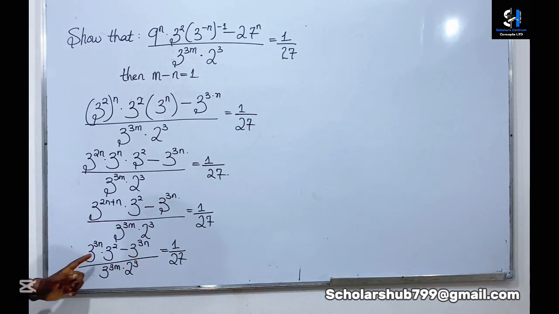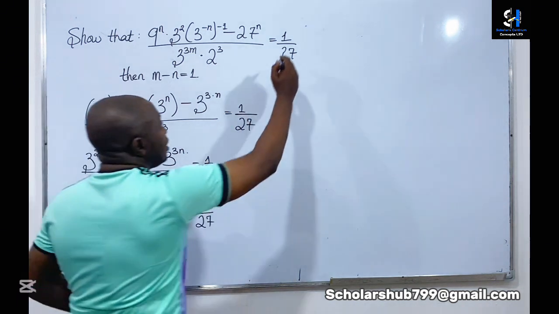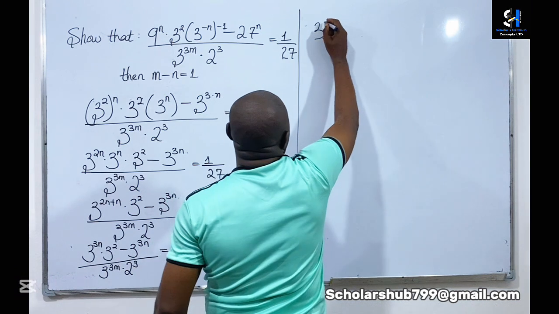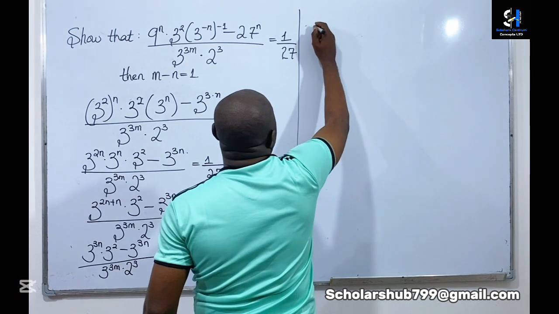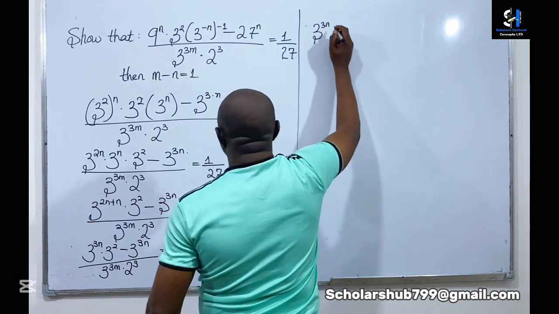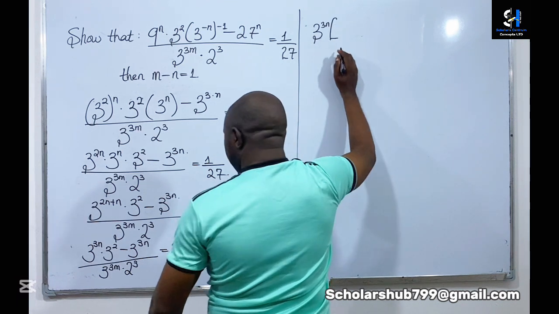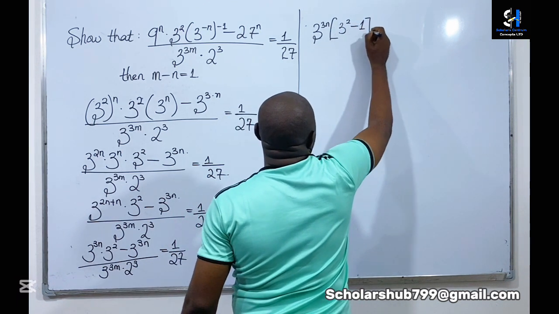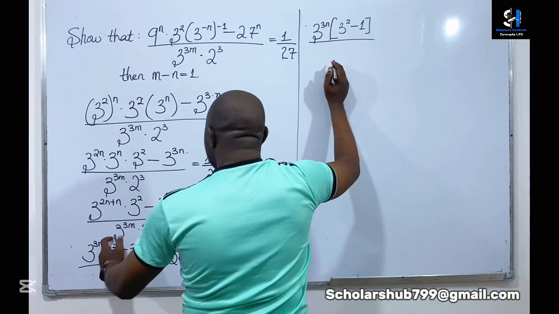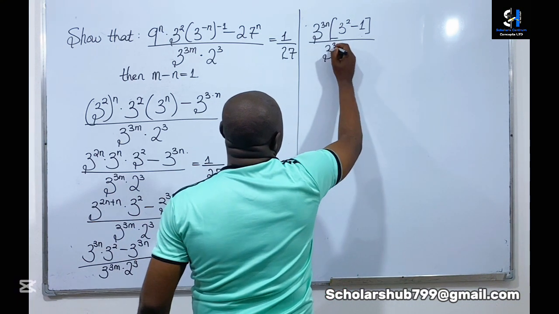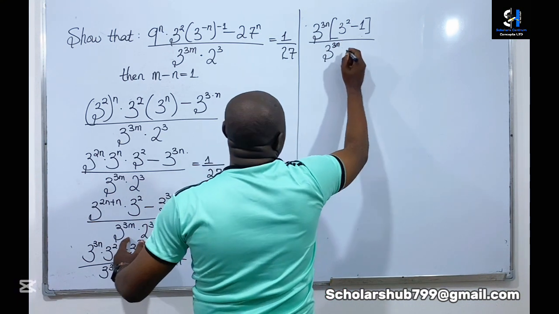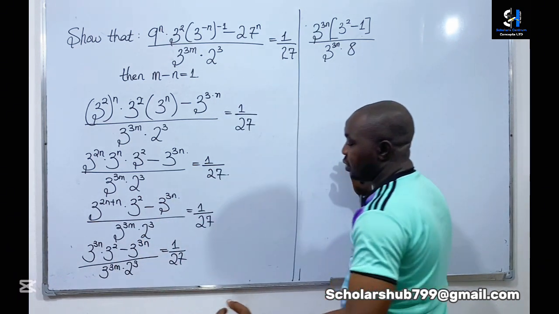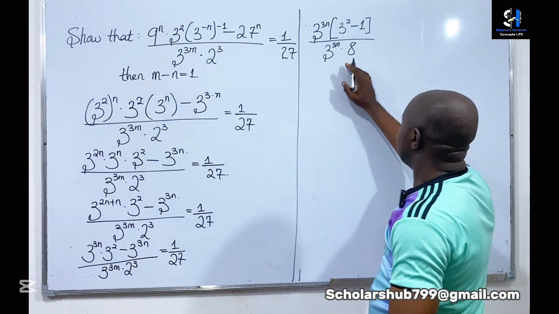All right, so then I'm going to factor out 3 raised to the power of 3n, so that we can have 3 raised to the power of 3n, open square bracket, 3 raised to the power of 2 minus 1, divided by 3 raised to the power of 3m multiplied by 8, because 2 raised to the power of 3 is 2 times 2 times 2, that's 8.